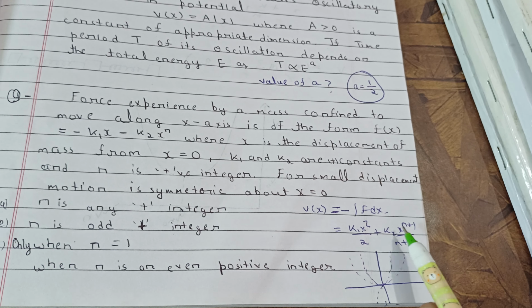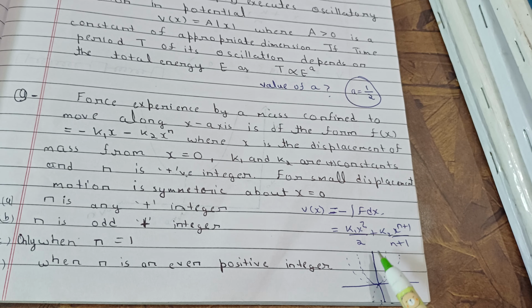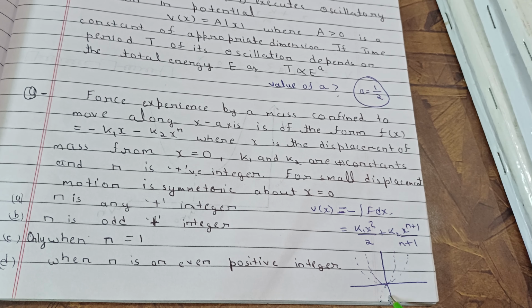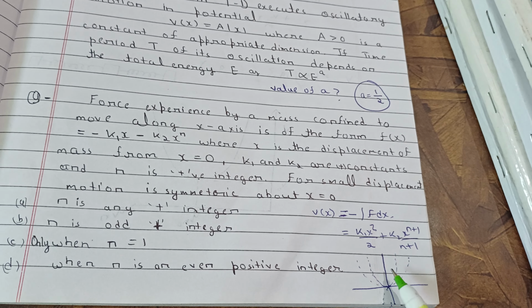But if n is even, then this whole term will be odd, and you will get this kind of curve, and this is not a bound motion. This will give you a potential which won't be symmetric around x equal to 0. So we need to check for which n this is symmetric with respect to 0. That's why option B is correct only.